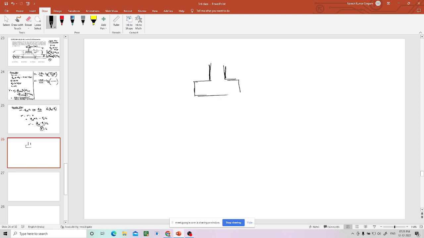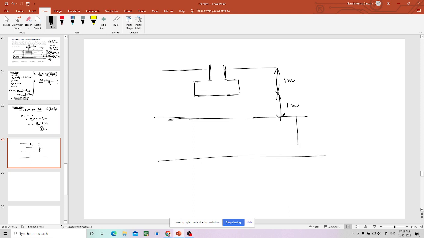Okay, this is sand, this is 1 meter, this is also 1 meter, and this is clay whose total height is 1 meter, but we need to find out at the mid depth by taking that. So over this area this load is distributed.